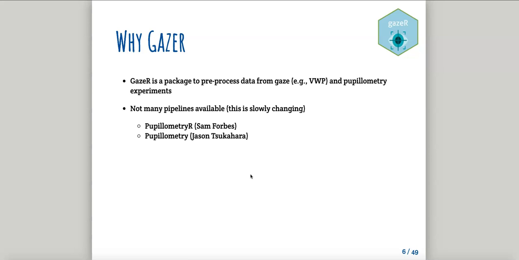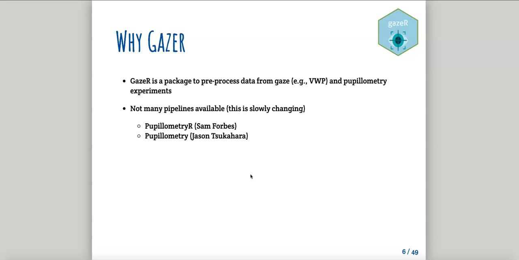So why did I create GAZAR? Well, one of the reasons, as I kind of alluded to already, is that there just weren't many pipelines available. And as I was working on GAZAR, I saw this slowly change. I saw more and more packages coming out to process pupil data. So what I have listed here are two great packages that I can't endorse enough.